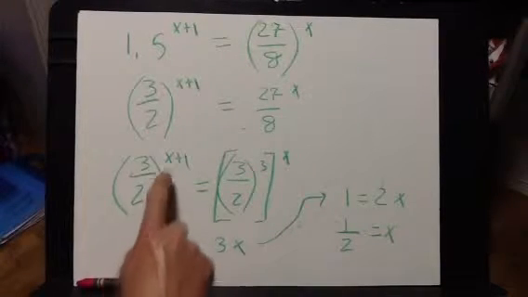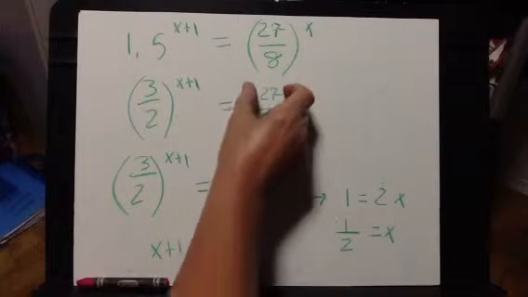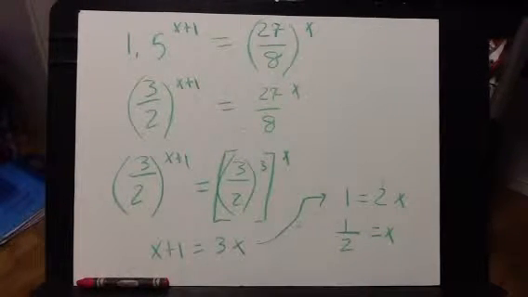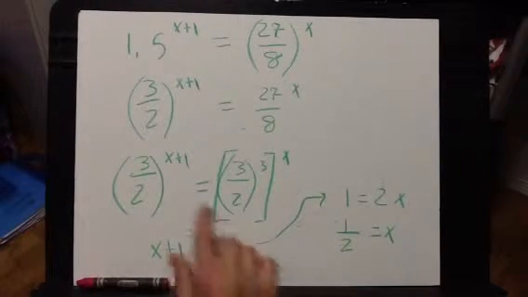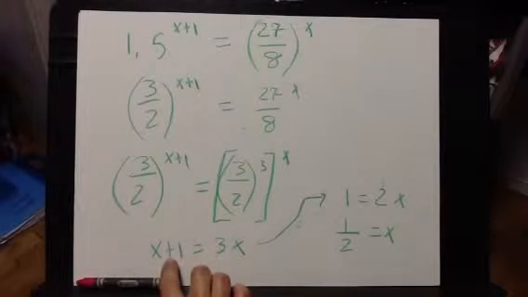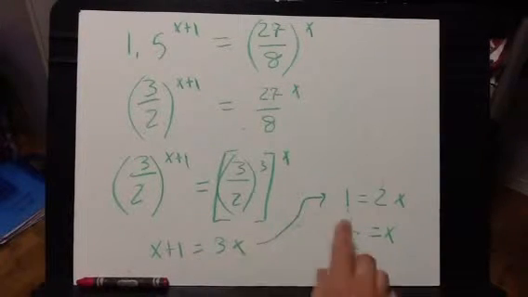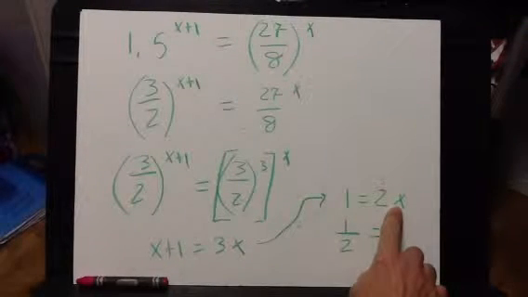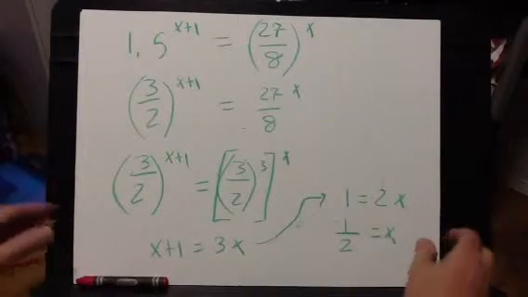So 3/2 to the x plus 1 is 3/2 to the third, and that still has a power of x on it. I do the multiplication on this side, that's 3x, and just pop the exponent off on the other side. So x plus 1 equals 3x. That means 1 equals 2x, because I subtracted x from both sides, and 1/2 is equal to x.